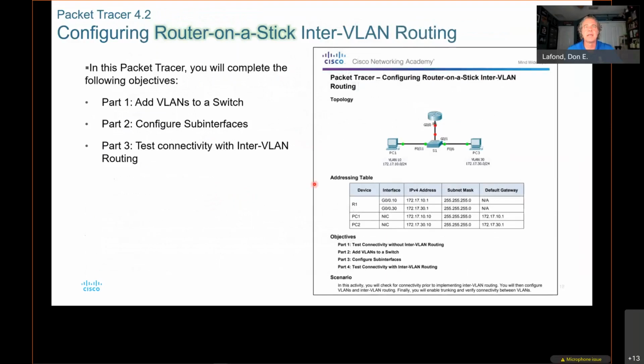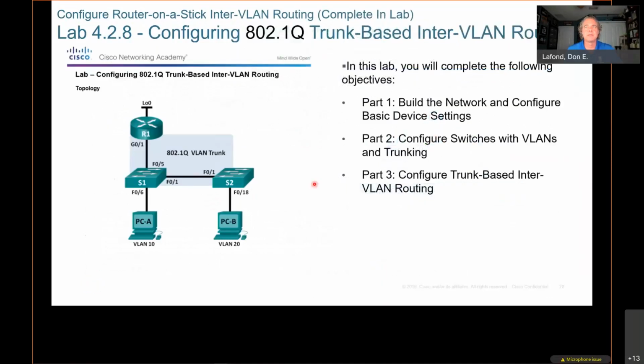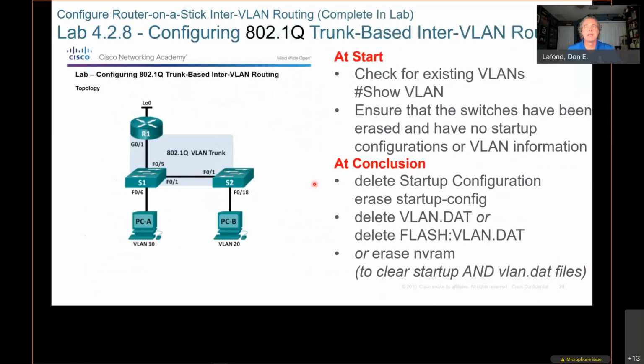You're going to do a Packet Tracer on router on a stick and a lab as well. And then remember if you're doing the lab on real equipment in the computer lab in our classroom or at the ATC, make sure you look for previous VLAN information.